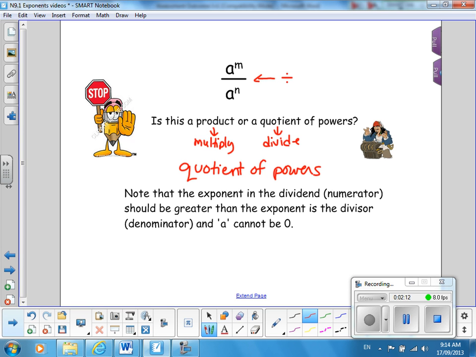So for grade 9, the numerator exponent will be larger than the denominator exponent. When you take Math 10, you will learn that it can actually be different. The denominator could have a larger exponent, and that's a whole other law that will be dealt with. For now, the numerator will be greater or equal to the denominator exponent.